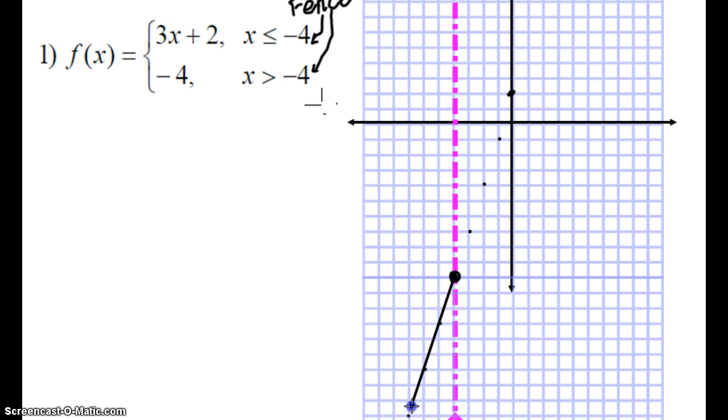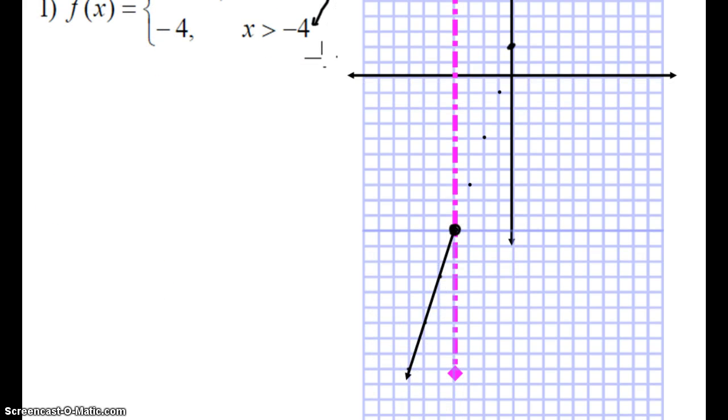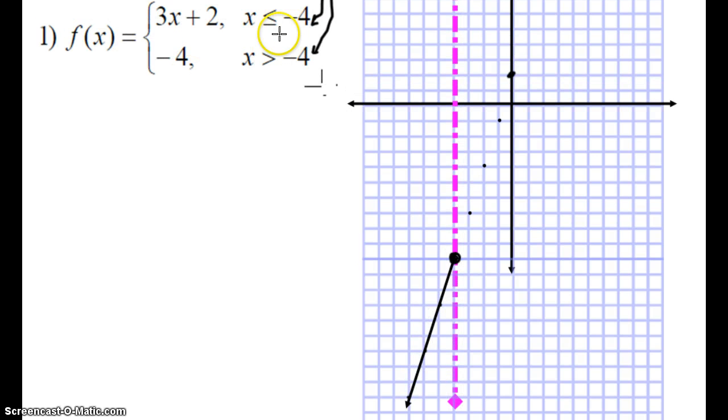This is going to go on forever, that's going to represent everything less than or equal to -4 on this side of the fence. This is the equation of the line 3x plus 2 on this side of the fence.